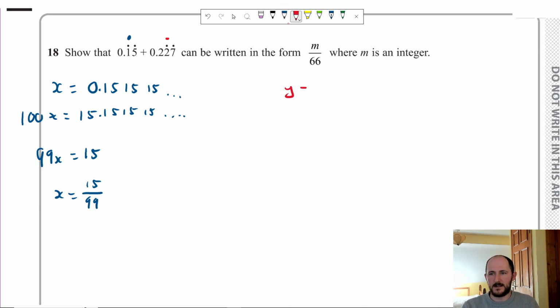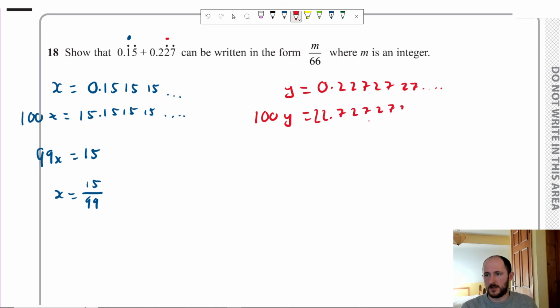I might call it y instead for 0.2272727 going on forever. Now again, we could use 100y for this. Why? Because there's 2 repeating digits. And that would give me 22.7272727.